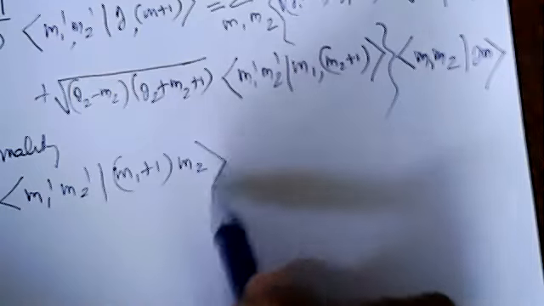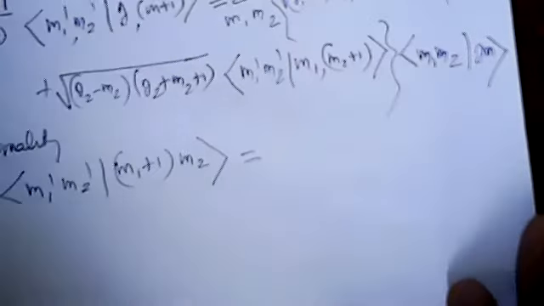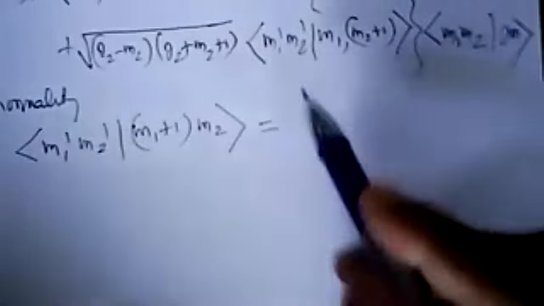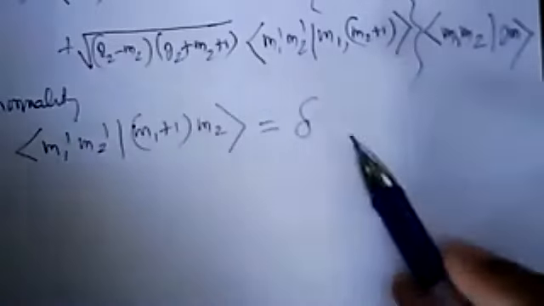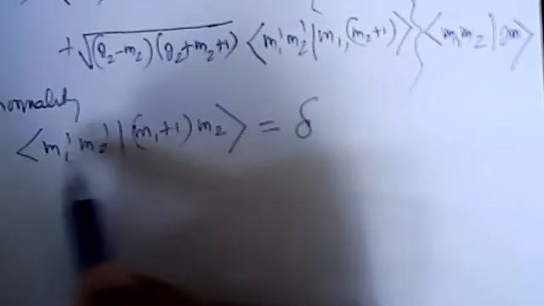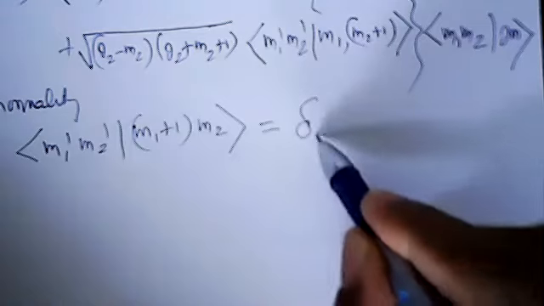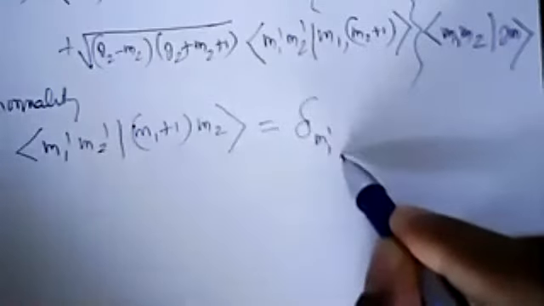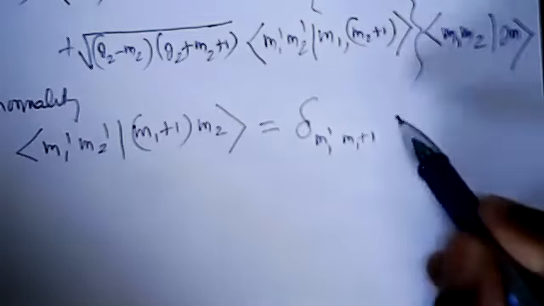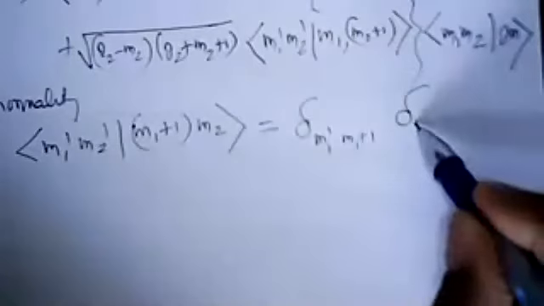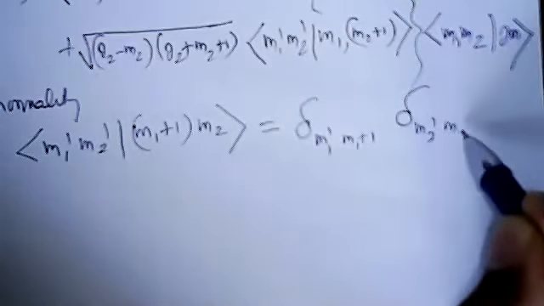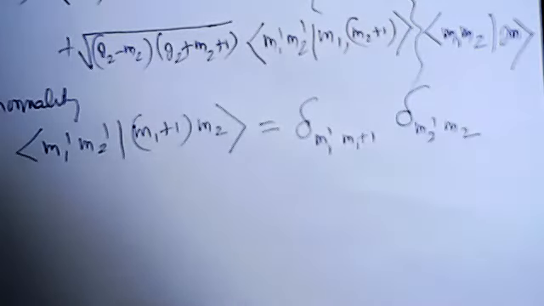Using the orthonormality property, you can write this as the Kronecker delta of m1' and m1 plus 1, then the Kronecker delta of m2' and m2.